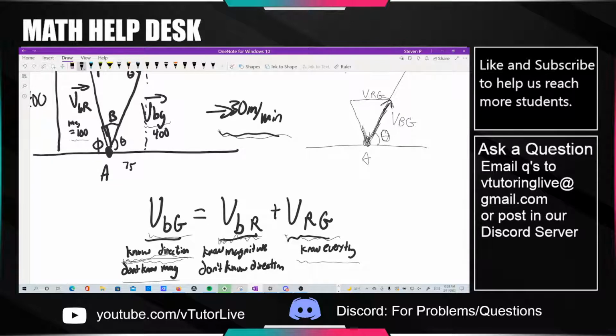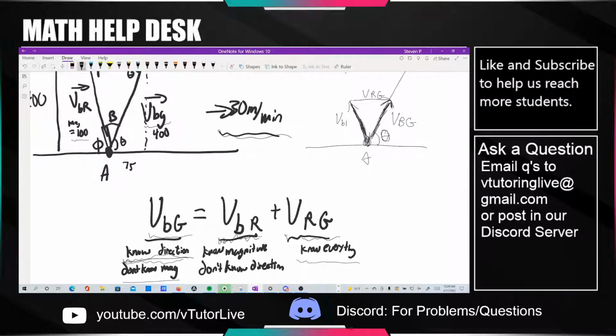And finally, we have the velocity of the boat relative to the river, which we know the magnitude of because you know how strong you row, it's 100 meters a minute, but we're not sure what direction this is. If we could just figure out some more angles, we'd know everything. So, does this diagram make sense so far?